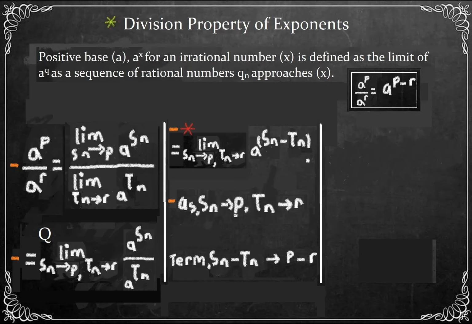We needed that limit because, again, we needed to apply the property independently. But we know the limits as s sub n approaches p and t sub n approaches r. The term s sub n minus t sub n approaches the term p minus r.